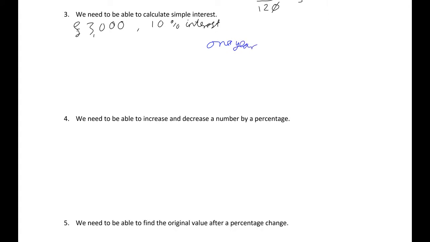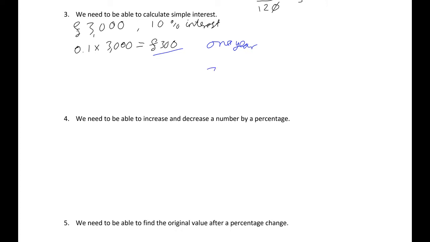Well, 10% is 0.1. So we have 0.1 times 3,000. That equals £300. And there we go. That's how much I'd make after 1 year.